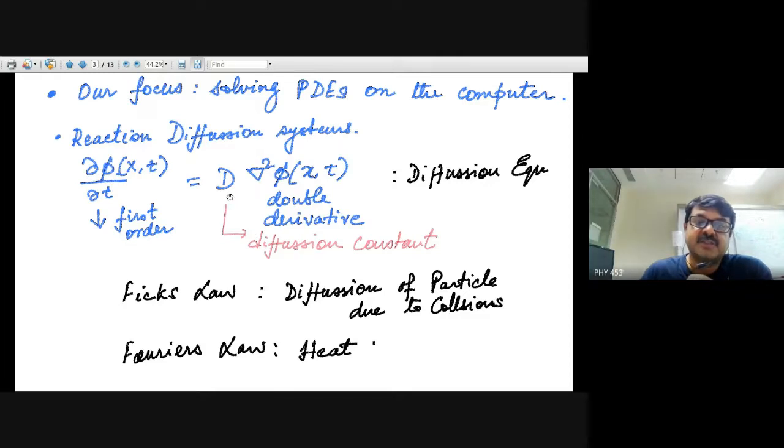The diffusion constant is represented by D. And if you have your Fick's law, it basically says that the current of particles depends upon the concentration gradient of the particles, which is Fick's law, and that's basically where the diffusion constant comes from.